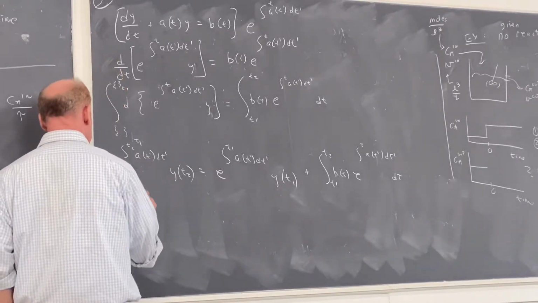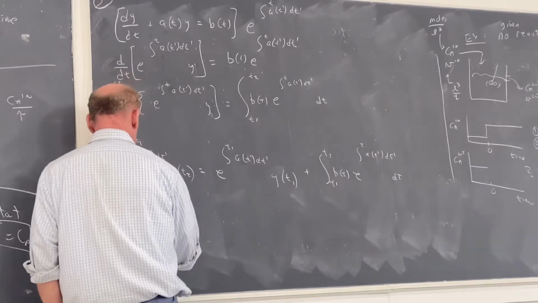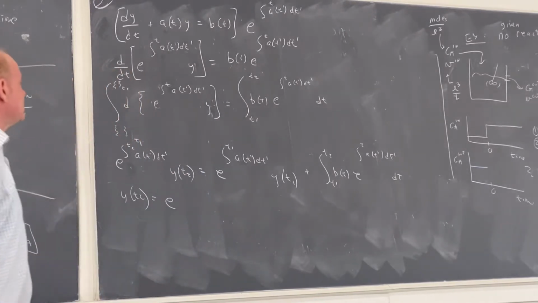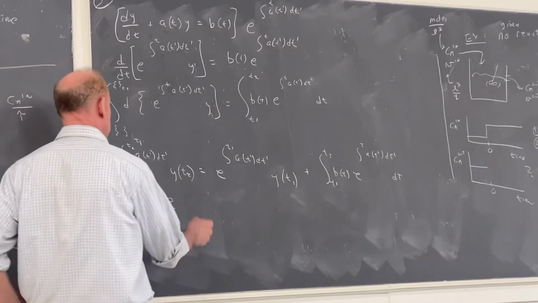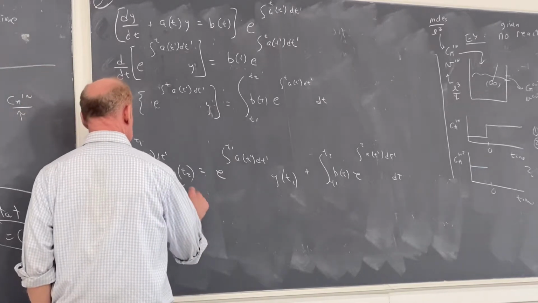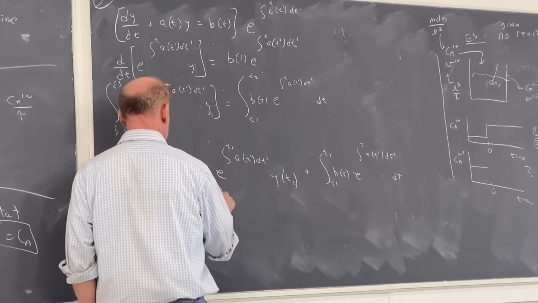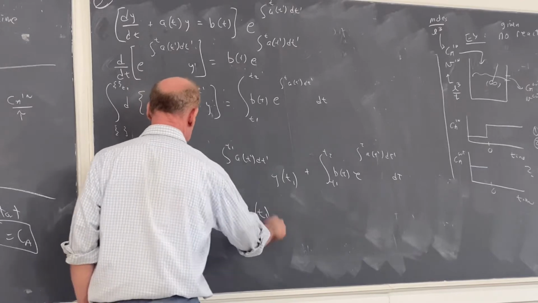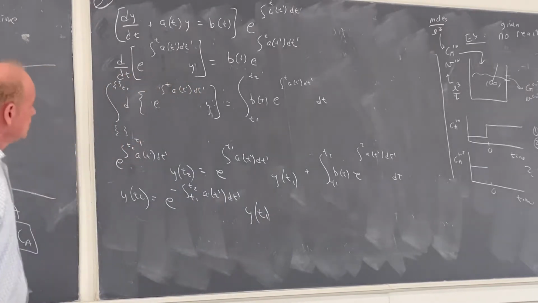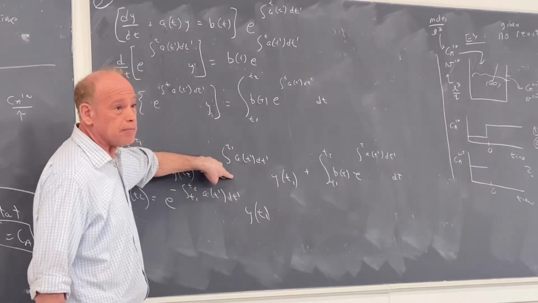So I have y of t2 is equal to the integral, so I take e to the negative of this. E to the negative of this gives me e to the minus integral t1 to t2, a of t prime, dt prime, y of t1. So how did I do that? If I want to put a minus up here, then the t1 goes to the bottom.